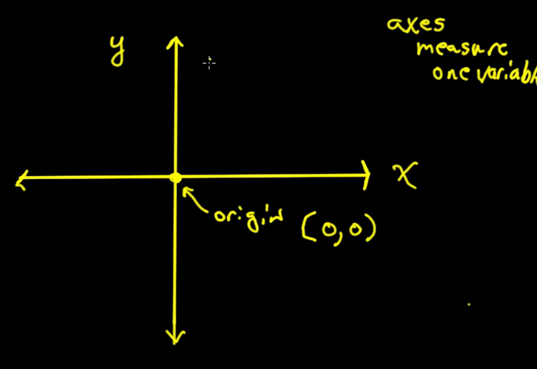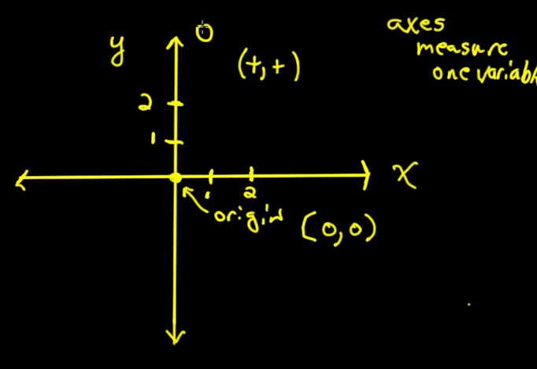So if this is 1 and 1, 1y, 1x, 2 and 2, all the ordered pairs over here are positive. I'll have some positive value of x and some positive value of y.